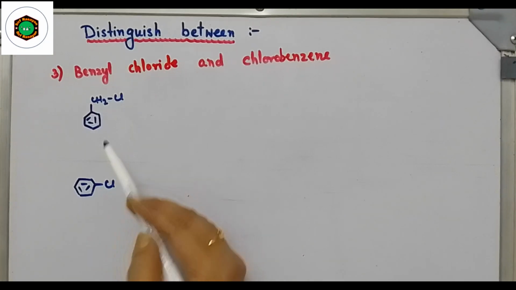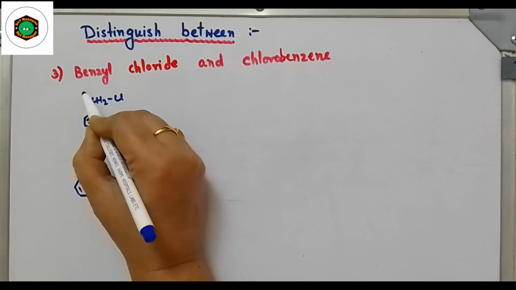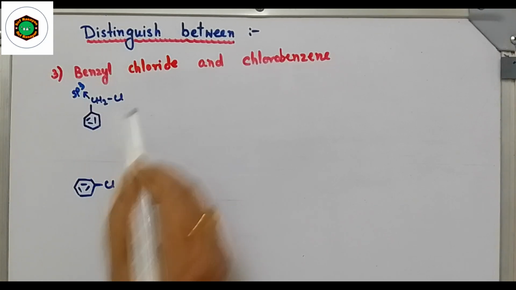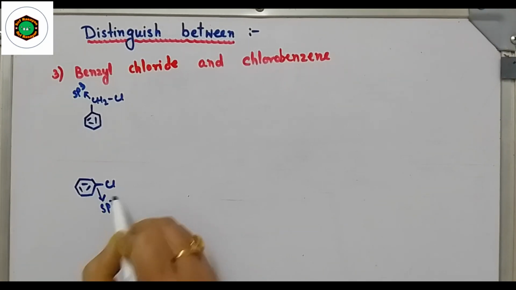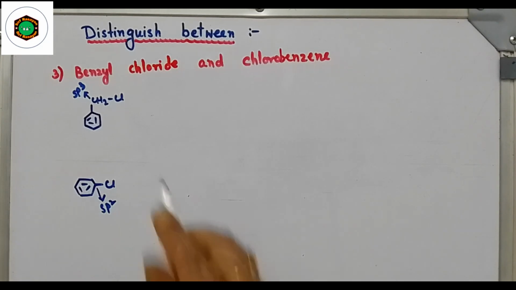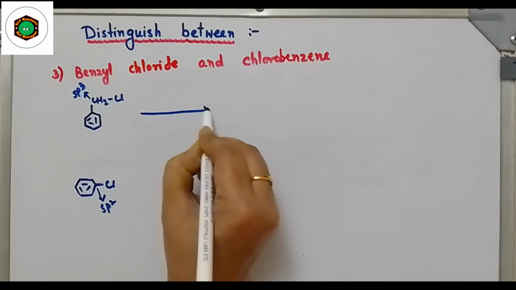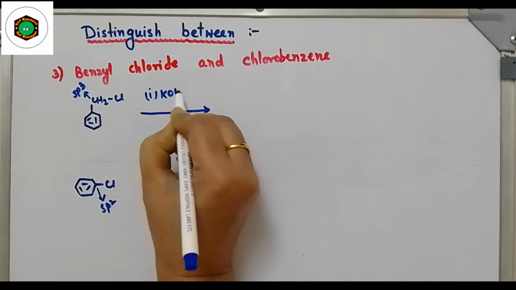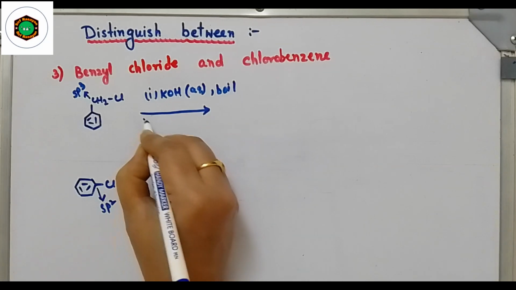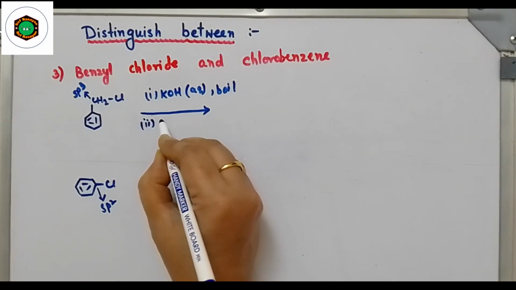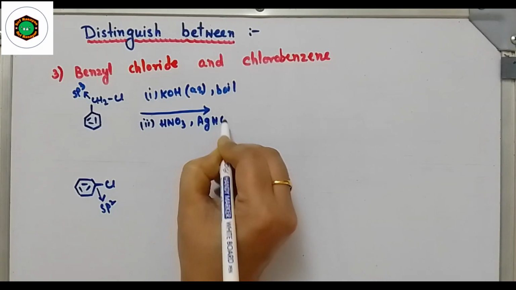See, this is benzyl chloride, this is chlorobenzene. This carbon where Cl is attached is sp3 hybridized. So obviously here nucleophilic substitution will take place. This carbon is sp2 hybridized. So here nucleophilic substitution is not so easy. So if you treat this compound first with aqueous KOH, boil, then cool it, then add a few drops of dilute HNO3 and then silver nitrate, what will happen?